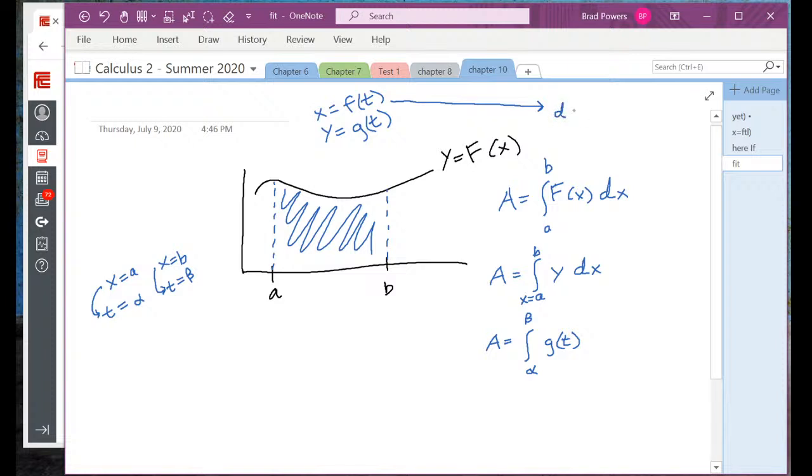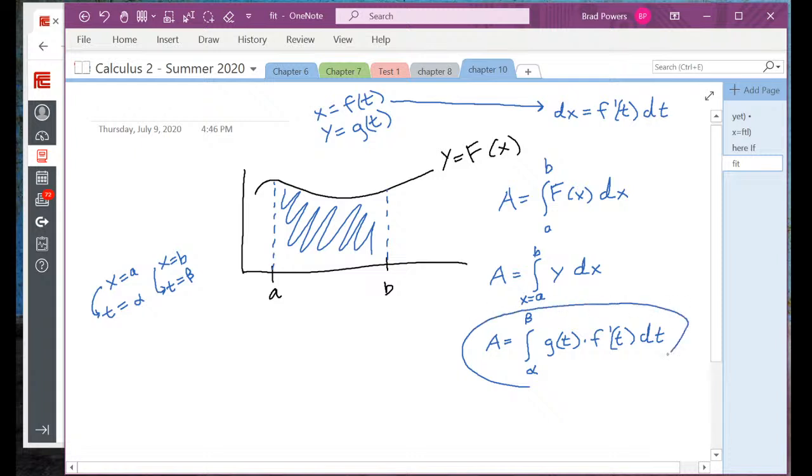You get dx is the same as f prime of t dt. Well, there we go. So what is my area under the curve? It is the integral from alpha to beta of g of t, dx was f prime of t dt. Oh, it's amazing. And this is the formula our book uses.